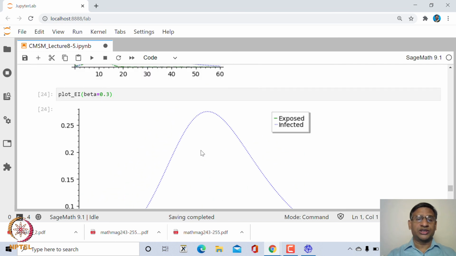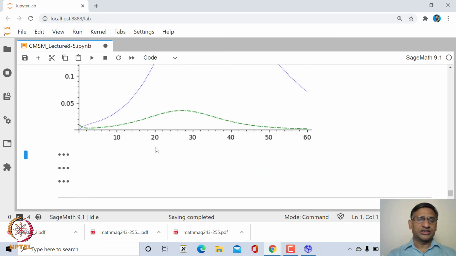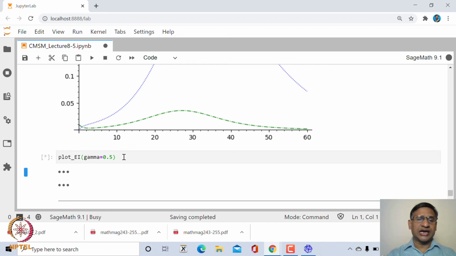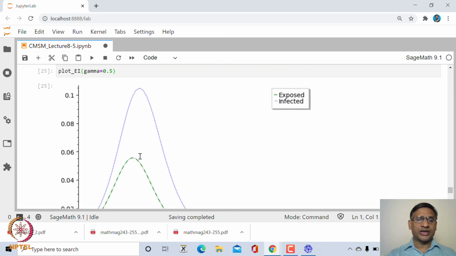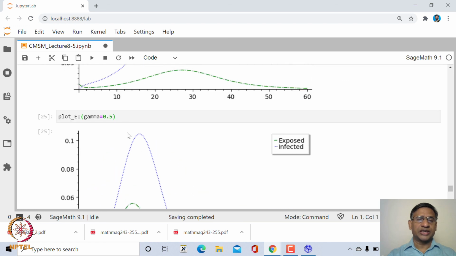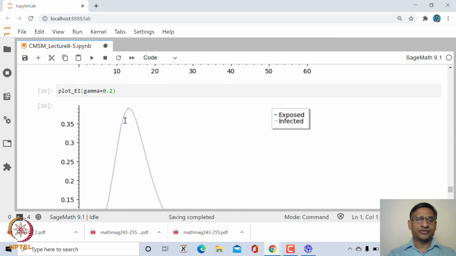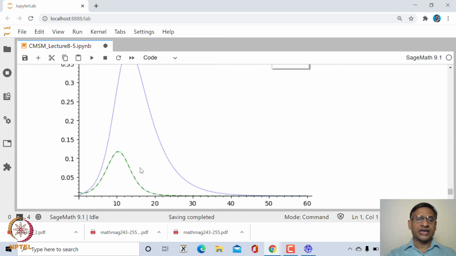So, this is how beta has an effect on exposed and infected individuals. Similarly, you can try with other parameters. For example, if you reduce this gamma and look at the plot, this is how it looks. If I reduce further, for example 0.2, then this is how it looks, and so on.